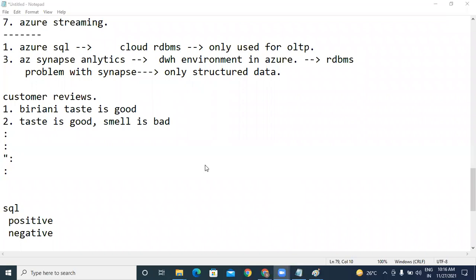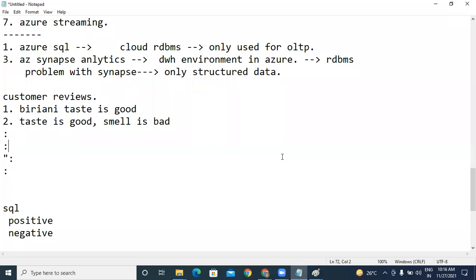Please check the data shape in the customer reviews. Is it structured or unstructured? Purely unstructured. But SQL can process only structured data. In this way, in one big organization, only 20% of the data is structured.